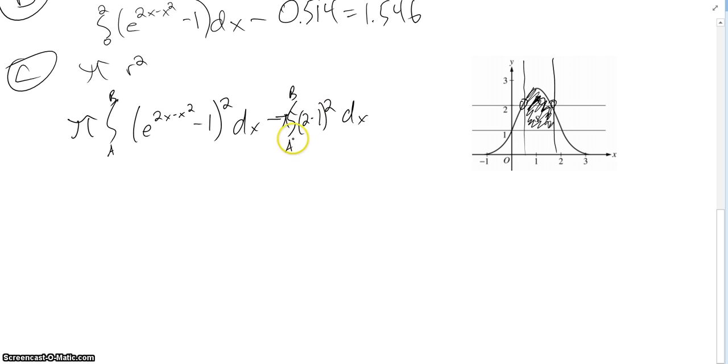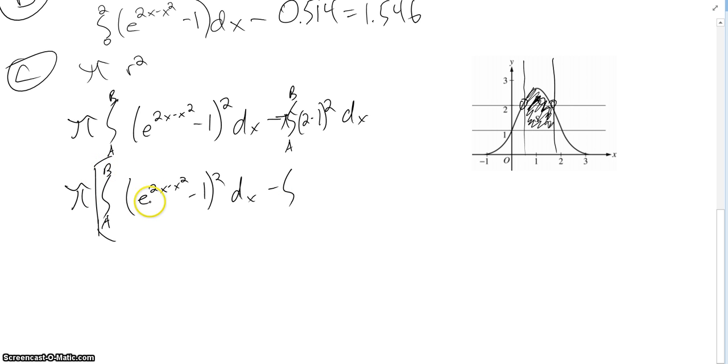It's confusing that we're using a and b again, but it's because we're not subtracting all of S, we're just subtracting this little square here. So to simplify this out, it would be pi times the integral from a to b of e to the 2x minus x squared minus 1, squared, dx, minus 1 dx.